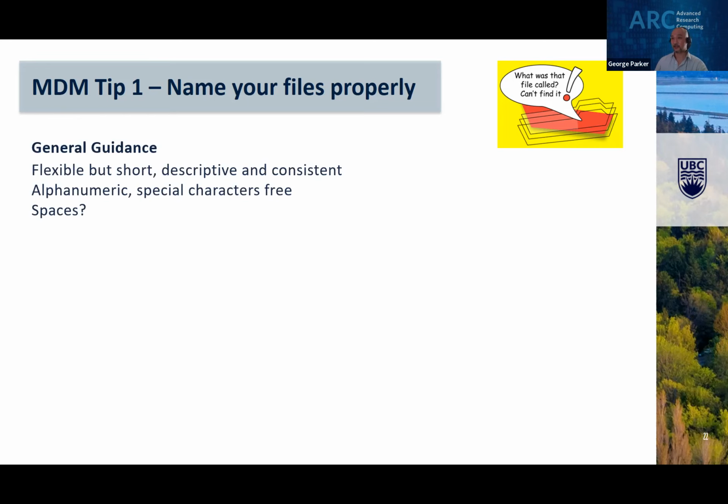Spaces are tricky, and it is argued that spaces should be avoided in file names, even though the modern operating system can handle file names with spaces. And some people said there's no legitimate reason why spaces should be avoided. So what are we going to do?